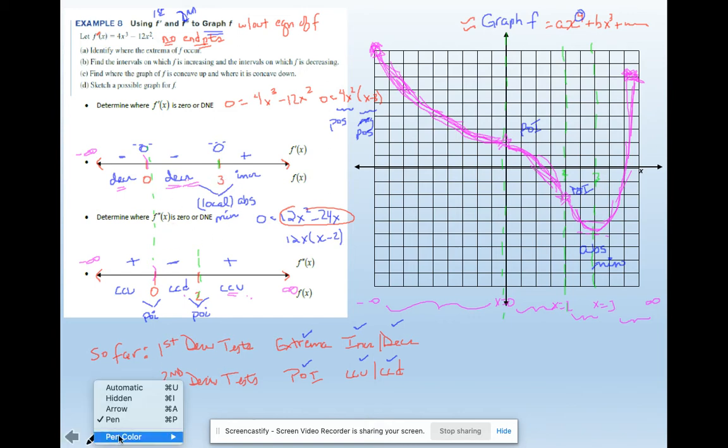Notice here where you had a horizontal tangent but no change in the first derivative, you do have a place of horizontal tangency, but it is related to a point of inflection rather than a max or a min. And how I know that without looking at the graph is because the derivative did not change sign.